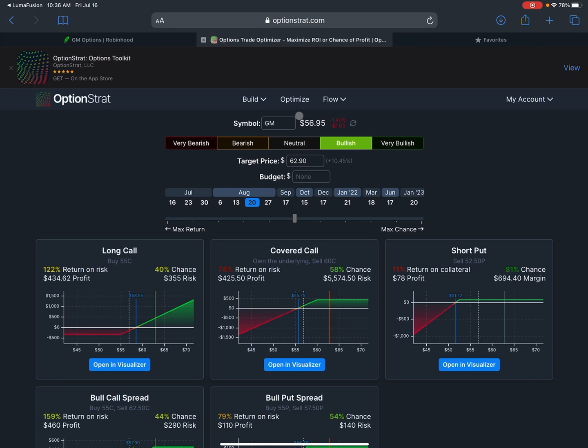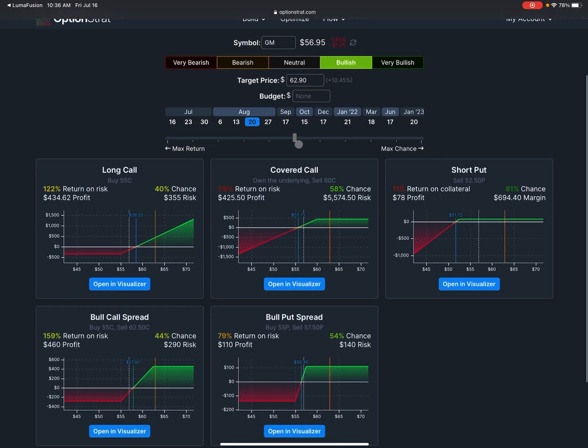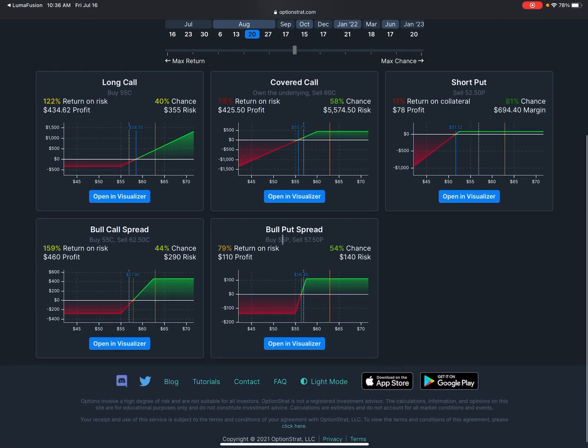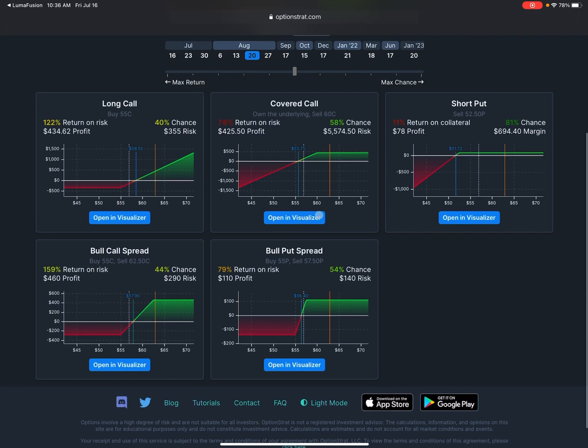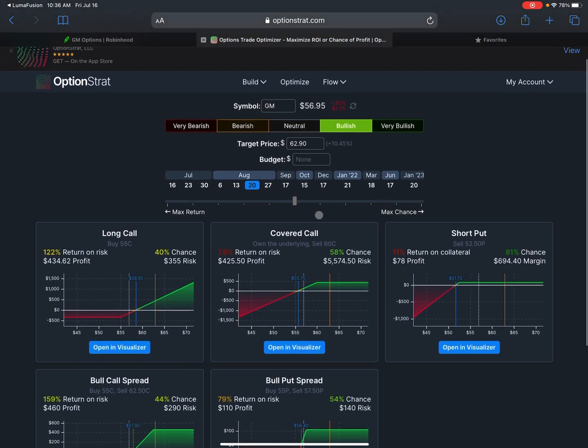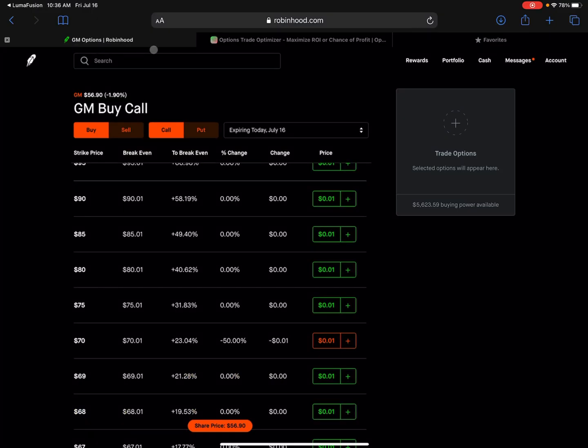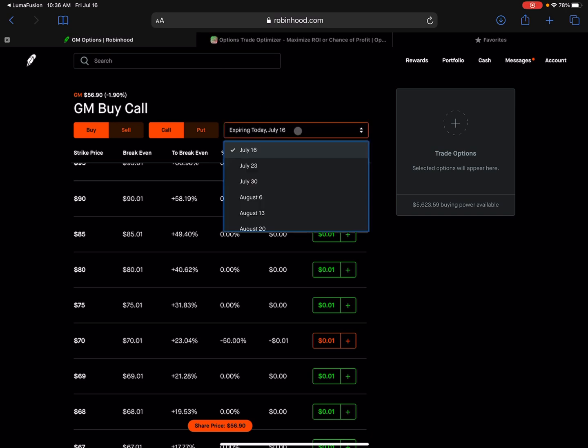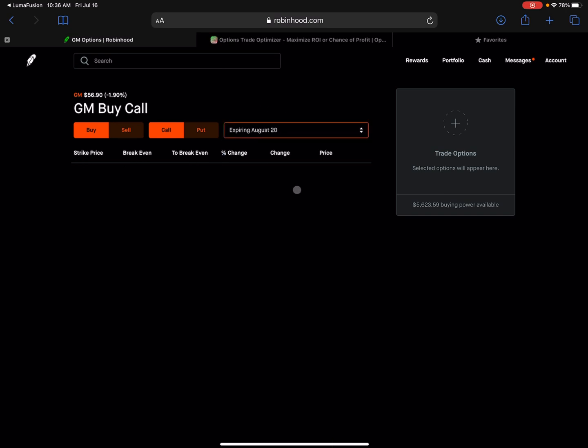In this case, I'm going to try the bull put spread. It says we're going to buy the 55 put and sell the 57.5 put. So in my Robinhood account, I set the expiration date to August 20th.